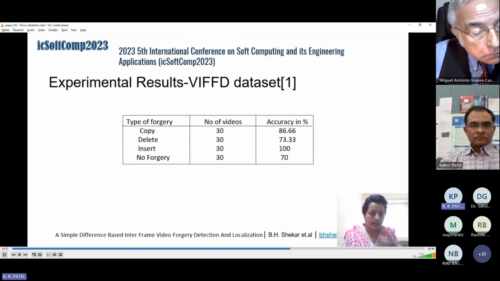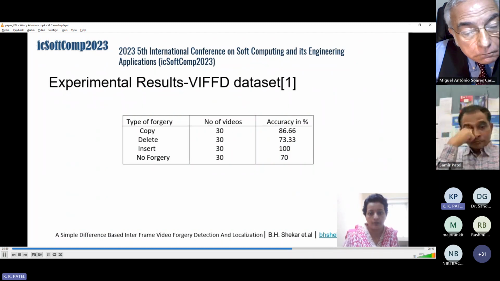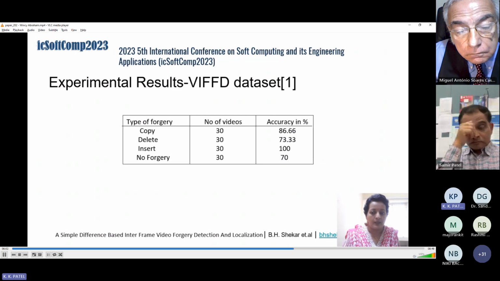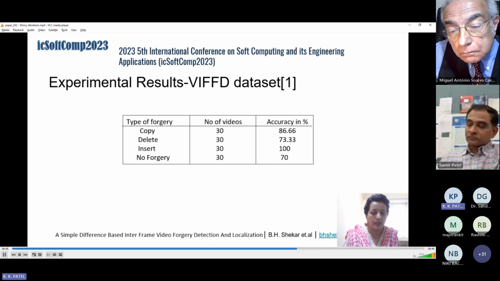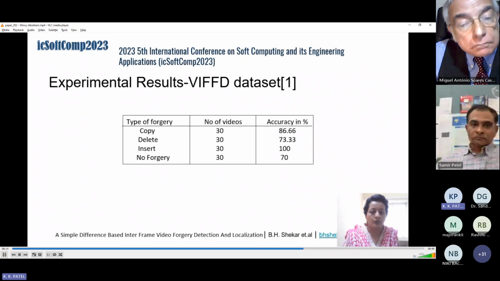So these are the experimental results for the VIFFD dataset. In this dataset there are a total of 120 videos of each type, 330 each, and this is the accuracy we obtain for each type of forgery.